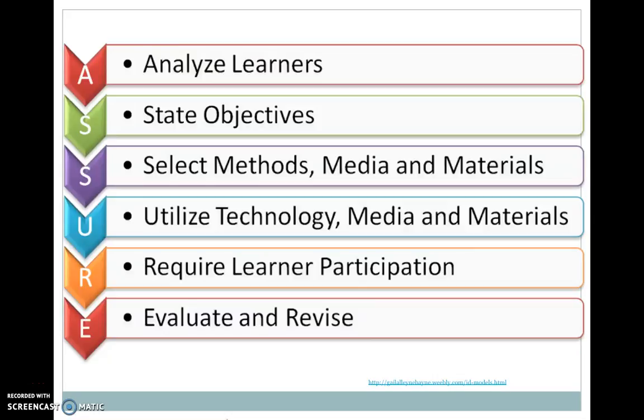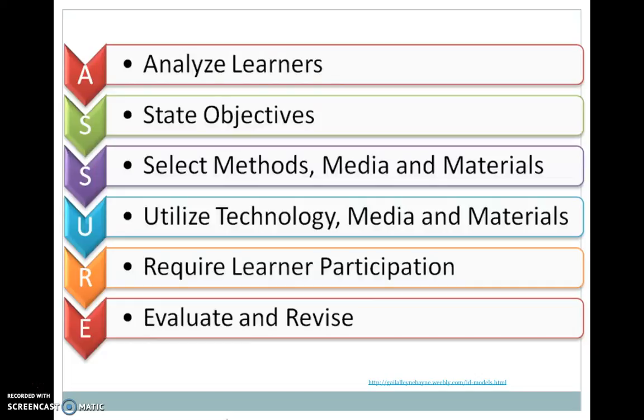The ASSURE model is a little different from other instructional design models in that it does not use a pictorial representation for the process of design. Instead, this model uses an acronym, and the acronym shows the 6 steps that take place when you utilize this model.